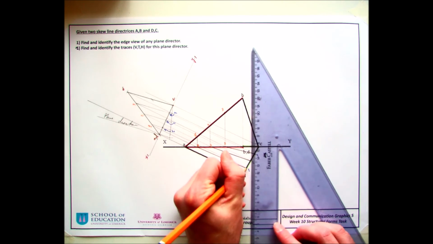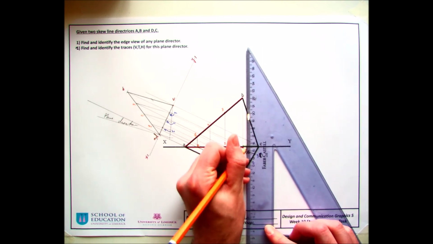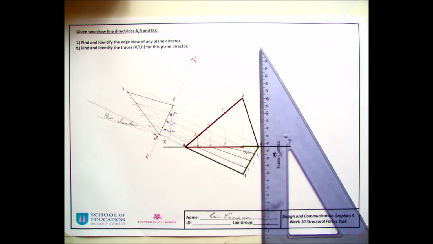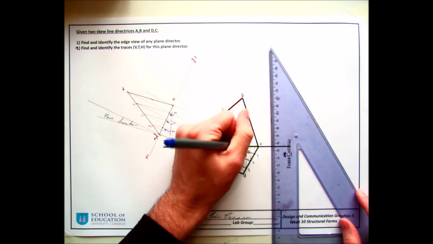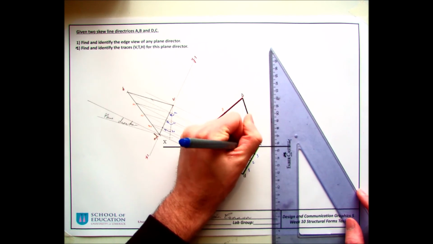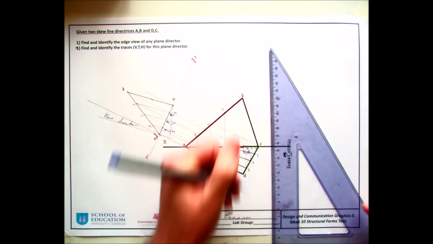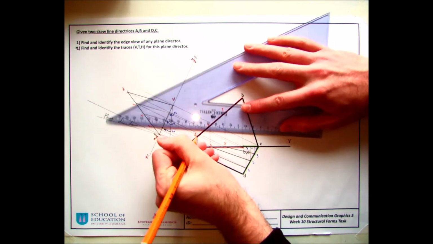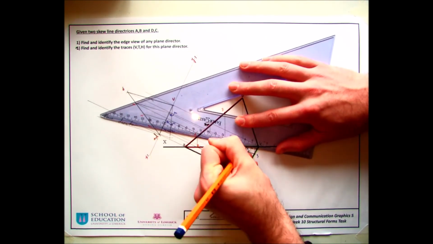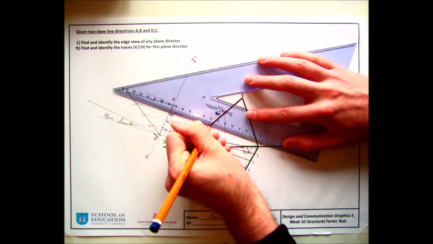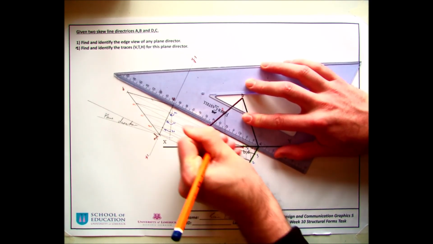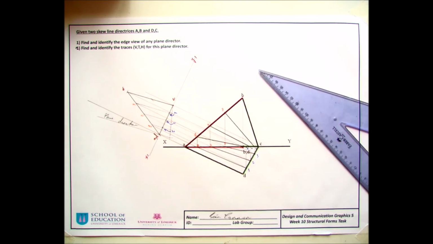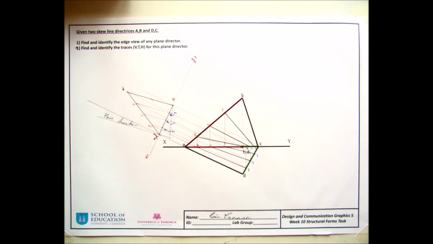Carry these up to the DC line. And join them up again. Like so.